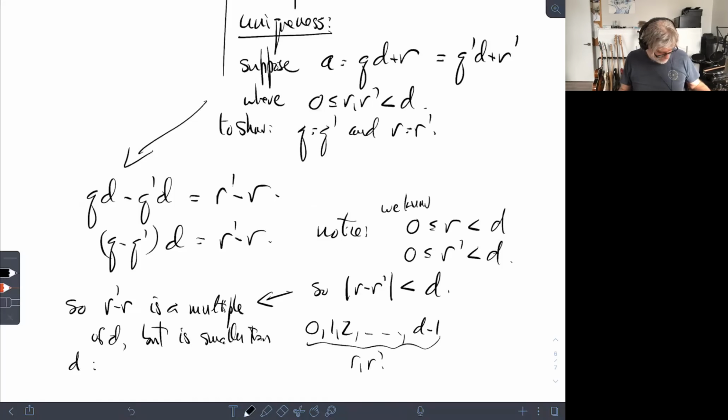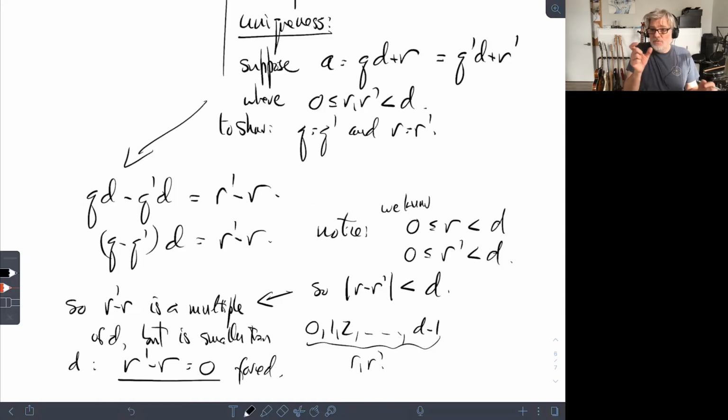There's no other possibility. Every number divides 0 because D times 0 is 0, right? So 0 is a multiple of D. That's sort of stupid, but that's true.